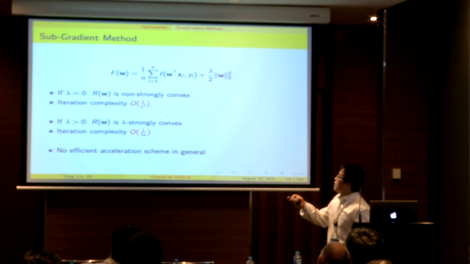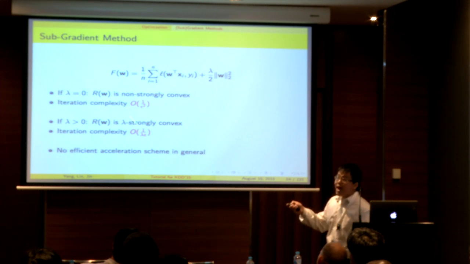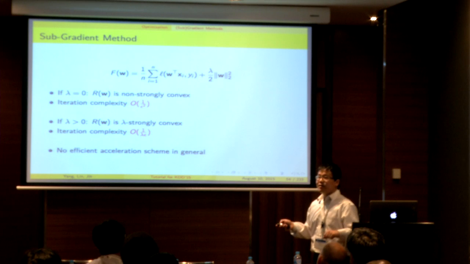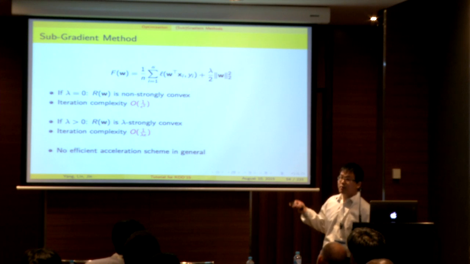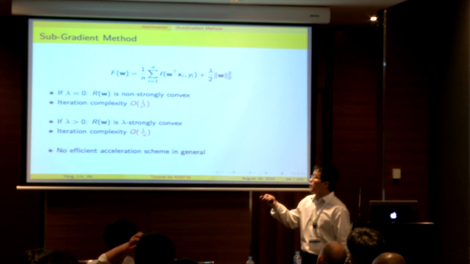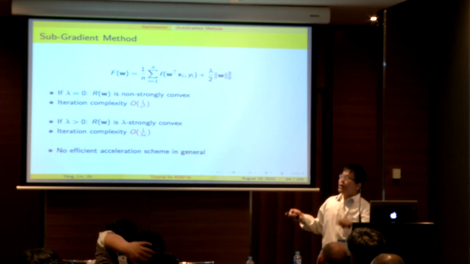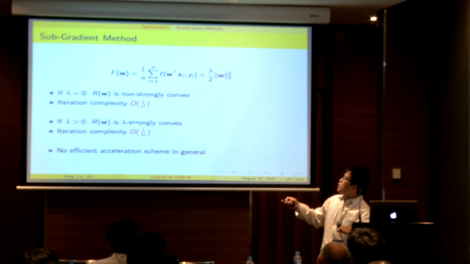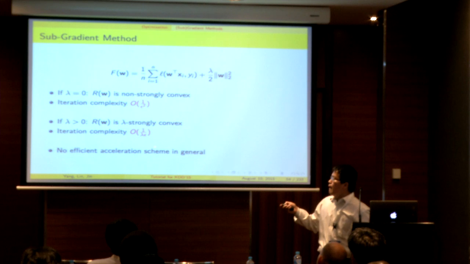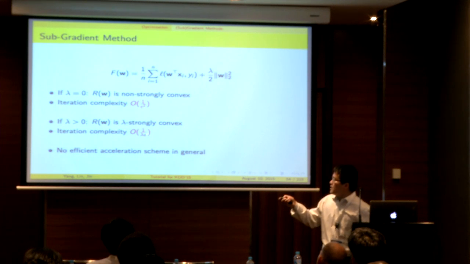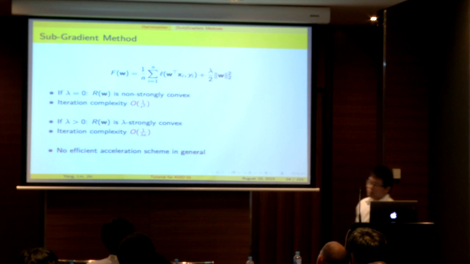Now, it's a little bit better in the strongly convex case, but if the problem is still non-smooth, you don't have a linear convergence rate, as we said. Previously we had log 1 over epsilon. Now the best you can expect is only 1 over epsilon lambda. So the regularization term still plays a role here, in that a smaller regularization gives you more iterations, but the dependency on epsilon is only 1 over epsilon.